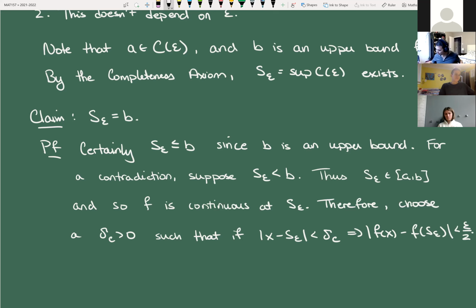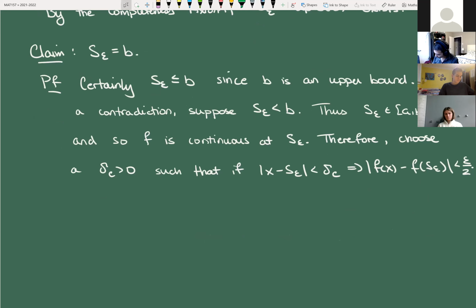Okay, so let delta be the number which works for C epsilon.